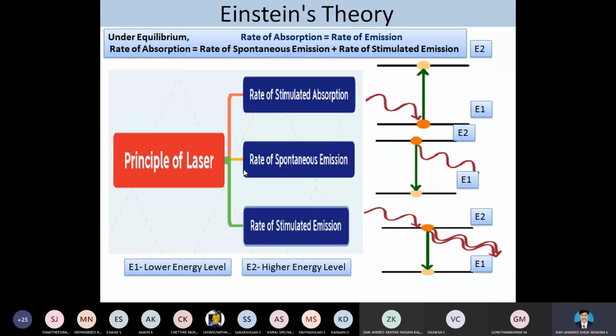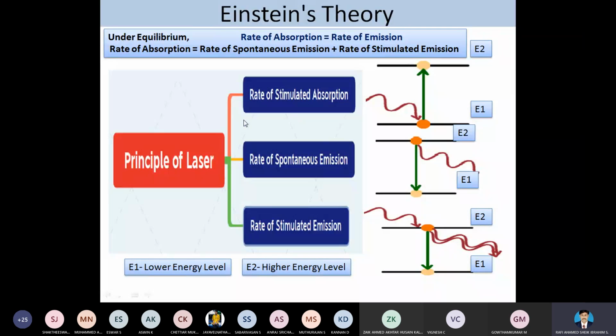This principle of laser was explained by the scientist Einstein. So in laser, we call the principle of laser Einstein's theory.